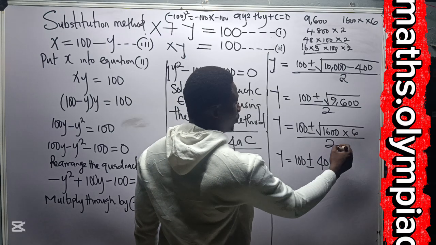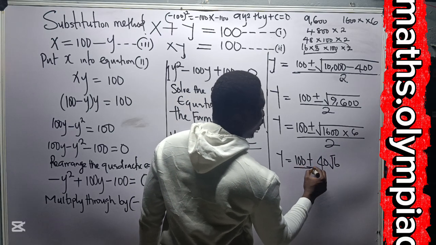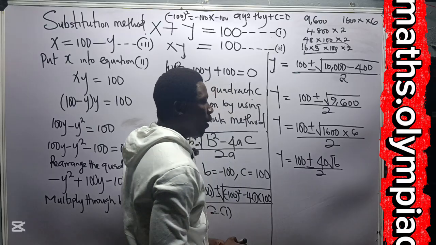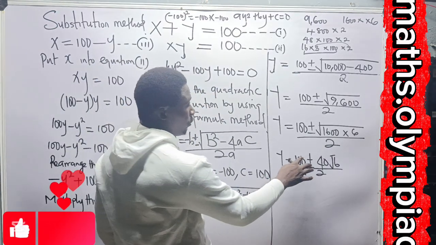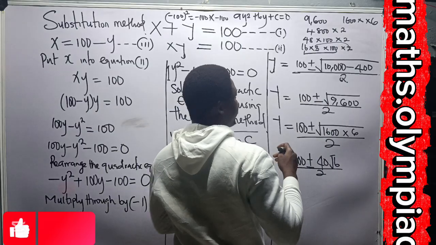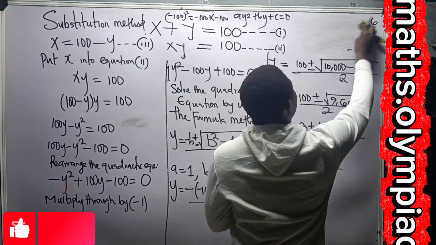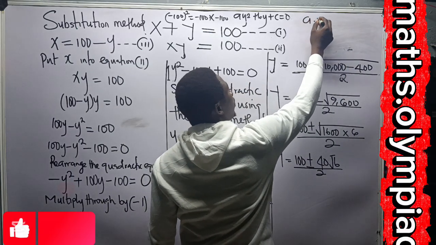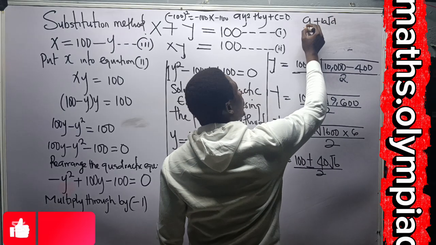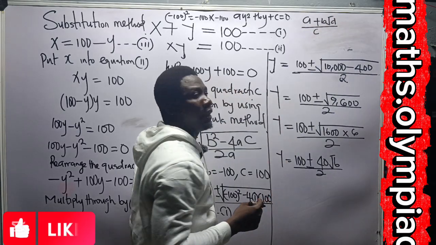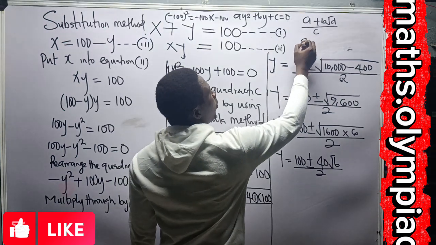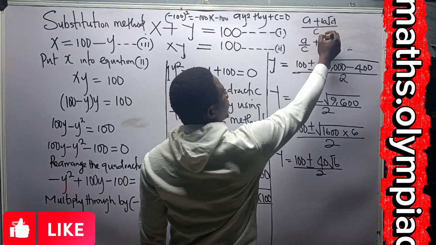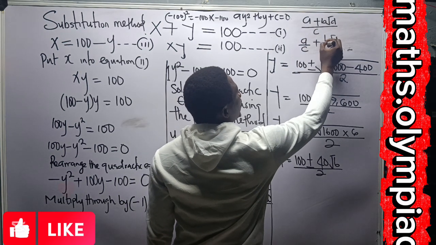Then what will be left here will be the root of 6, root 6 all over 2. So what we have to do now is to simplify. How do we simplify? Don't forget that if I have something like a plus b root d all over c, to simplify this one, you are going to get a over c plus b root d over c.